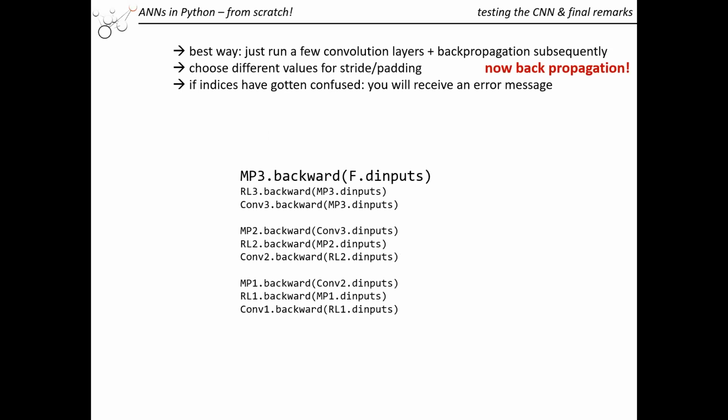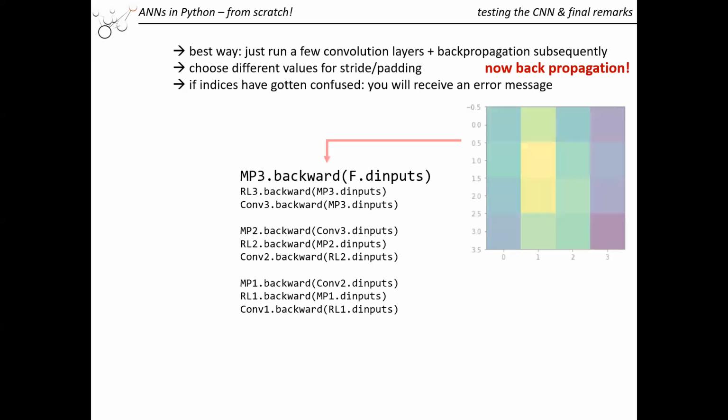So we do the same thing, but just backwards, because we also want to check whether the sizes and shapes of the matrices make sense and that I don't create an error message.